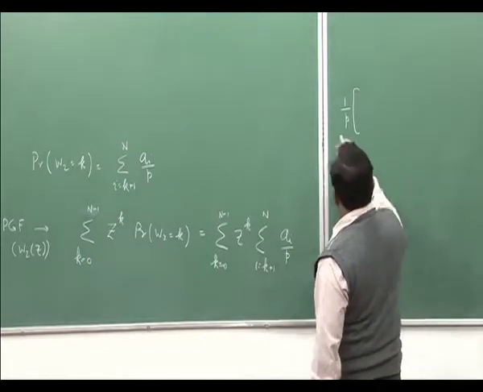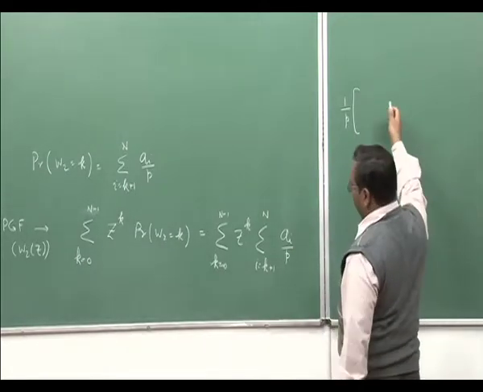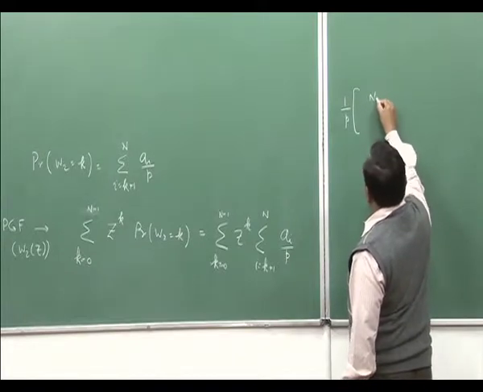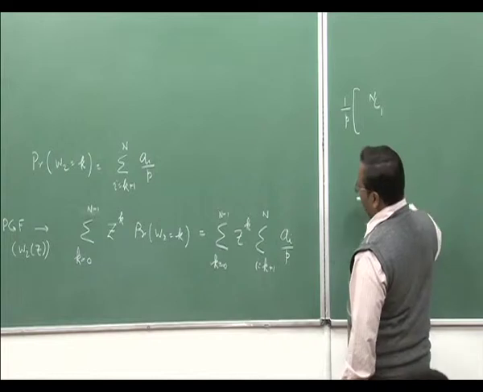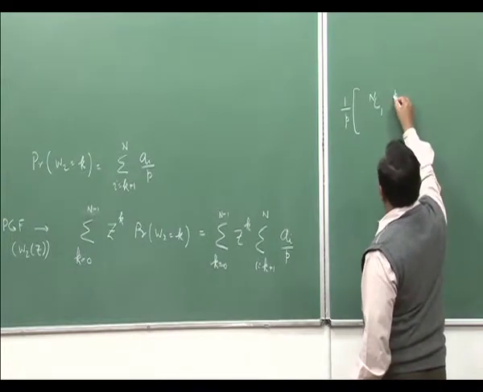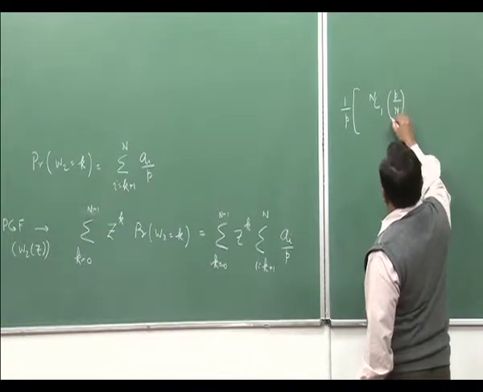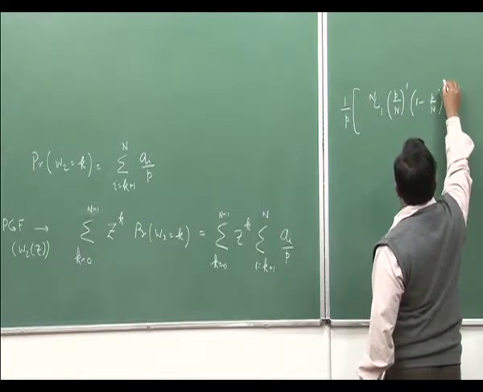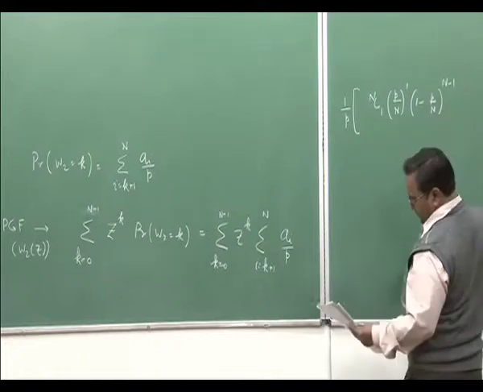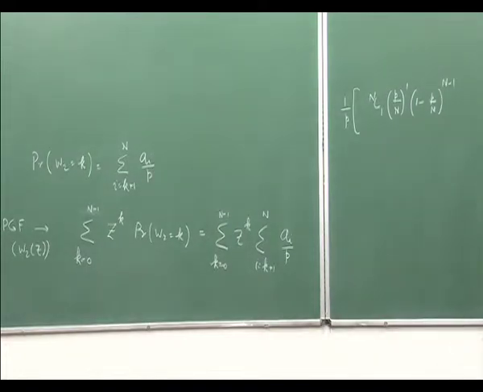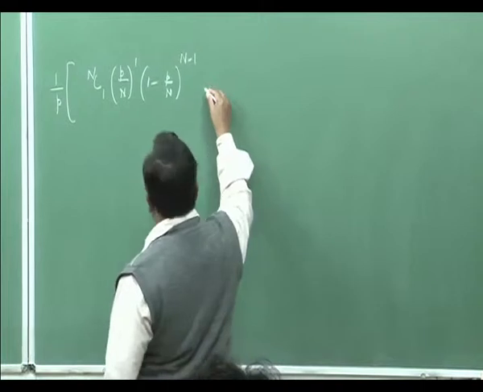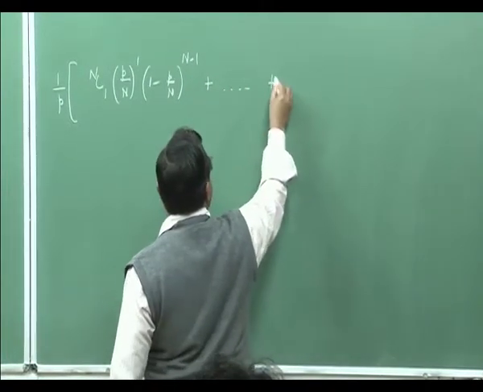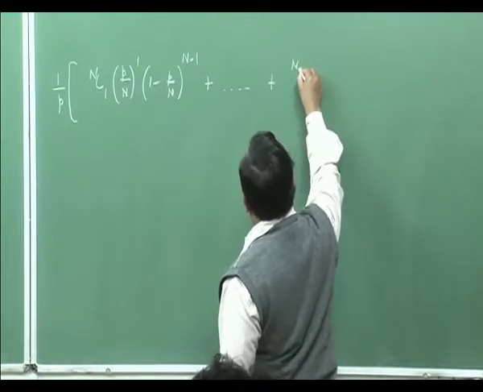So for k equal to 0, what is the series I am going to write in the first row? This will be nothing but NC1, this is for I equal to 1, and then of course you will have a series. I am not going to write all the terms.